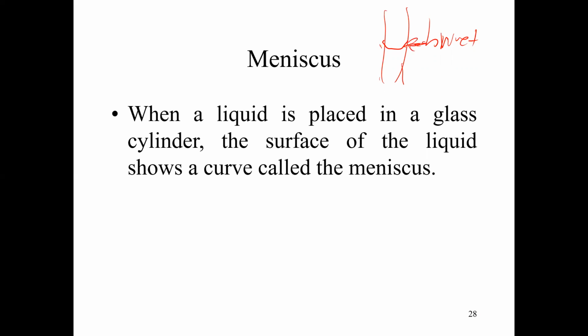So this is the meniscus associated with that, and that little curve is due to the capillary action next to it, and that is called the meniscus. So basically, you read the level of the burette from the bottom of that meniscus, the bottom of the meniscus.